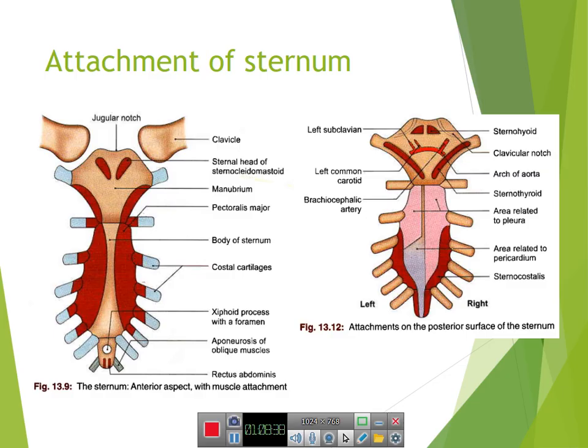There are 4 attachments for the body of the sternum. Number 1 is the anterior surface, which gives origin on either side to the pectoralis major muscles. Look on each side for the pectoralis major muscles.